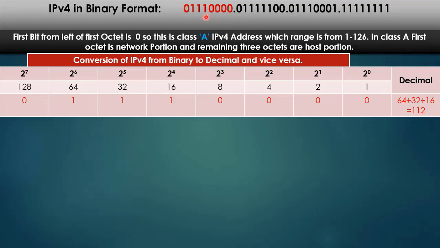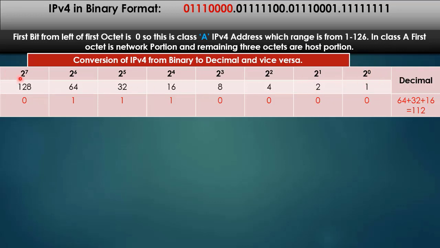So we will write the base of binary, which is 2, and then write the octal positions in its power. Here 2 raised to power 0, 2 raised to power 1, 2 raised to power 2, 2 raised to power 3, 2 raised to power 4, 2 raised to power 5, 2 raised to power 6, 2 raised to power 7. Here the total number of 2's is 8.